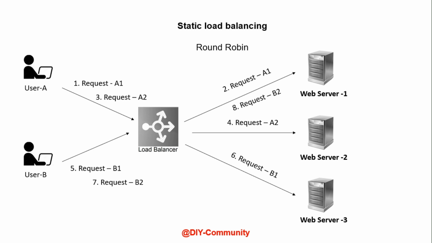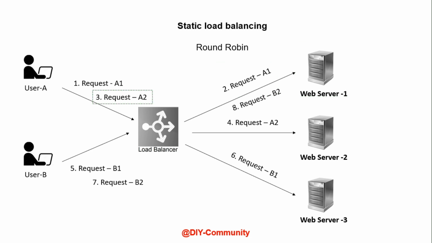Now, round robin is one of the simplest static load balancer algorithms. So in this method, load balancer will distribute the requests in a circular order or in a sequential order. As soon as it receives a request from the first user, it will assign that request to the first server available on the farm.